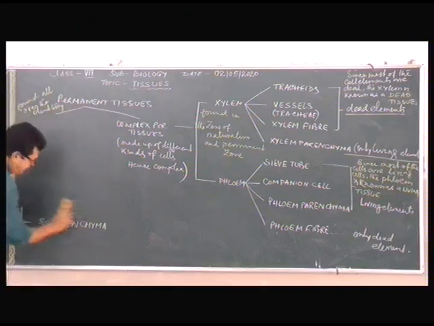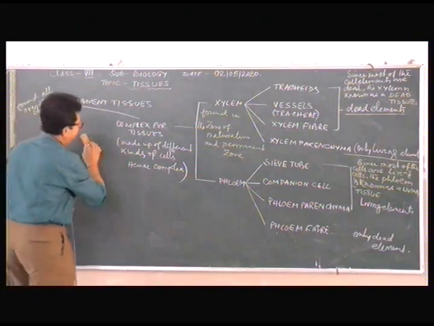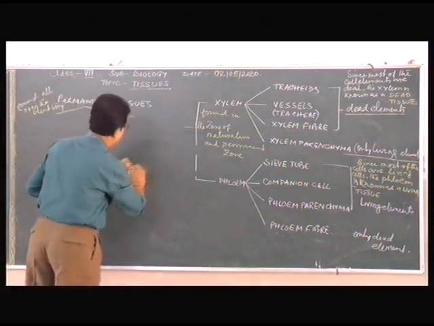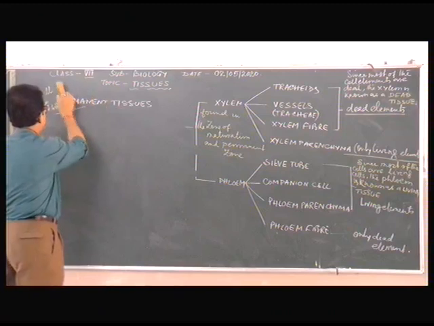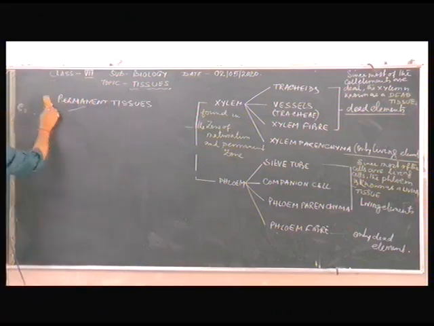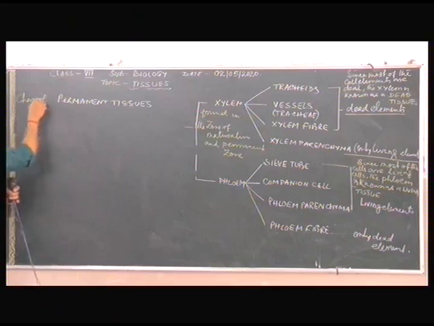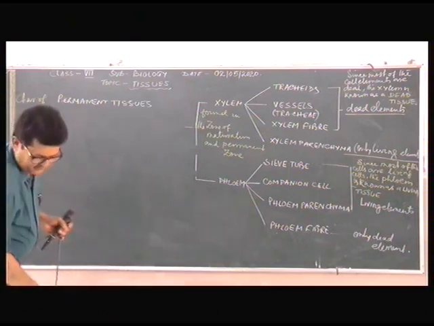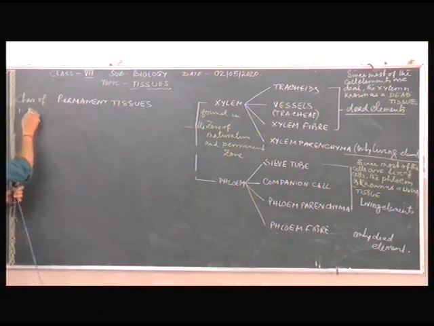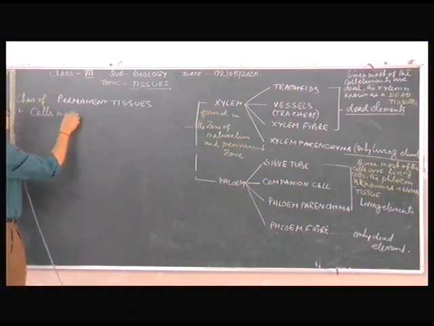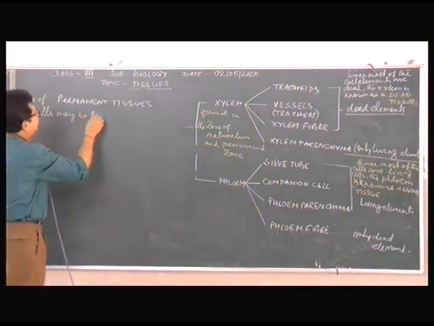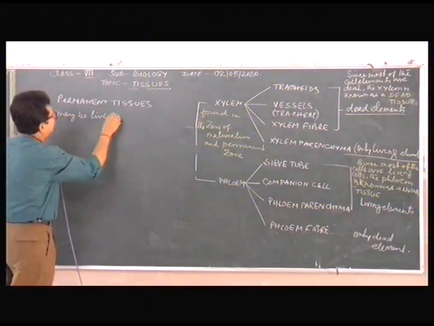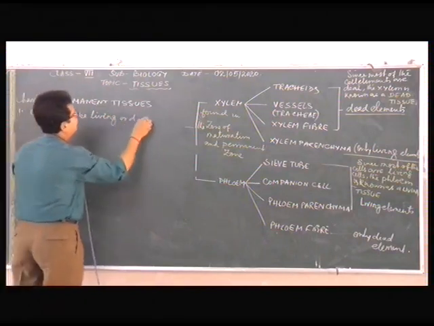Characteristics of permanent tissues. Number 1, cells may be living or dead.